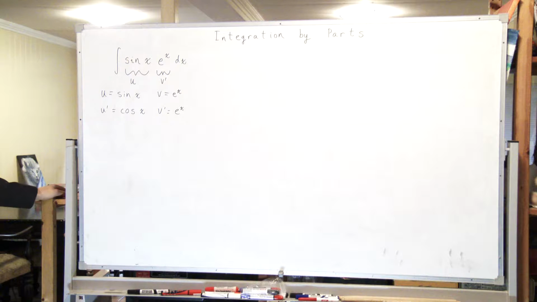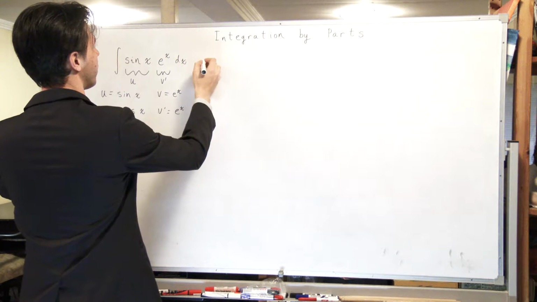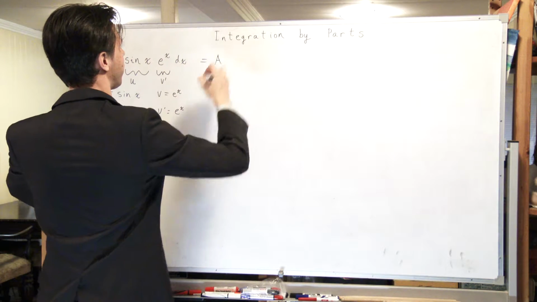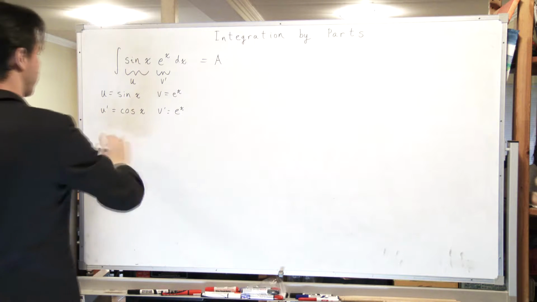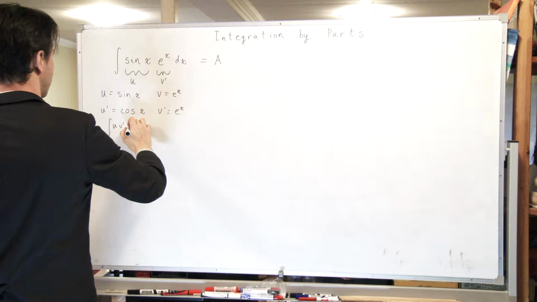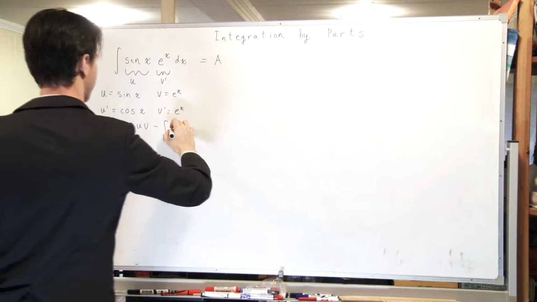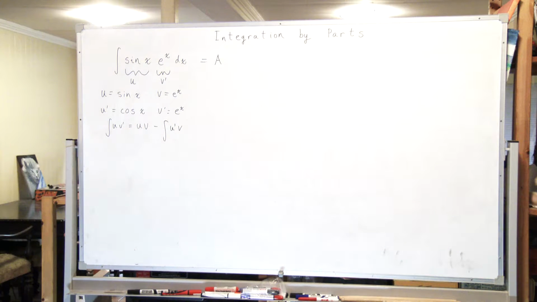and I'm going to call this integral here a. It's just a neat little thing that I'm going to say. So again, I write my little note to remind myself.